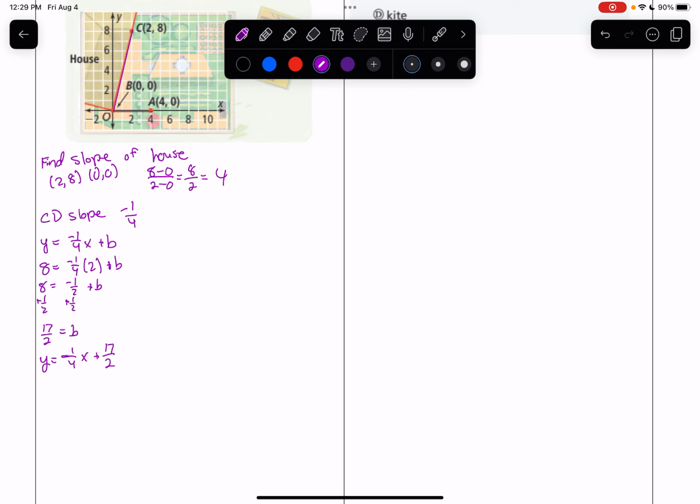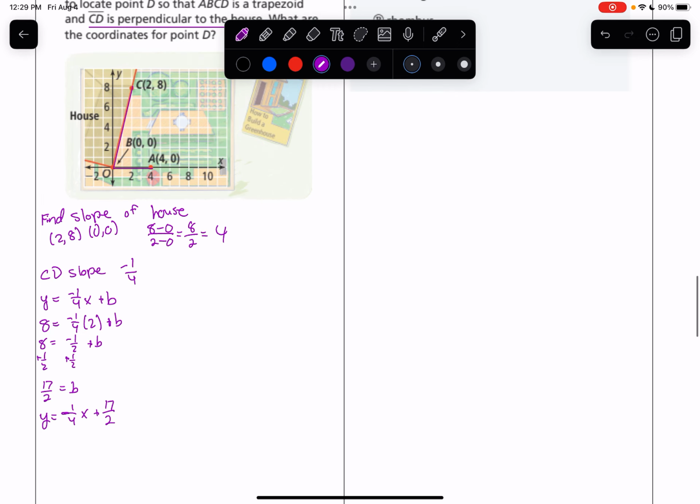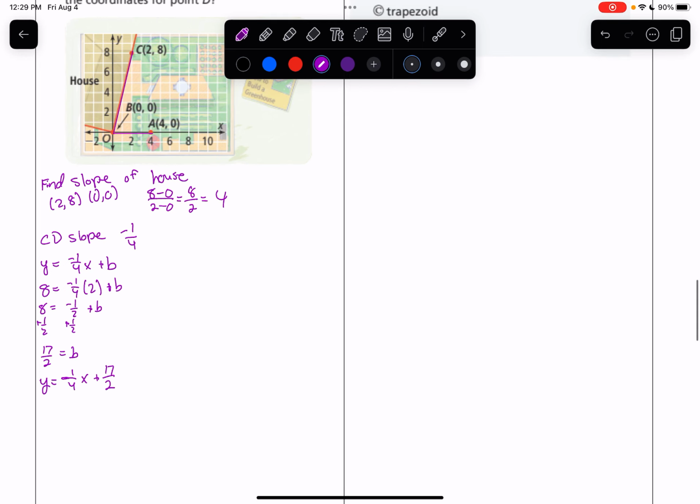That's one equation that we're going to need. We're going to need to find 2 equations because we need to know where those 2 lines meet up to find point D. So once we find the equation of one line that we need to find, which in this case is the line from C to some point over here, we're also going to need to find the equation of AD, wherever that needs to be.